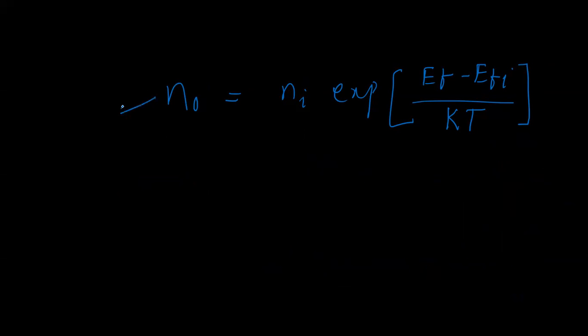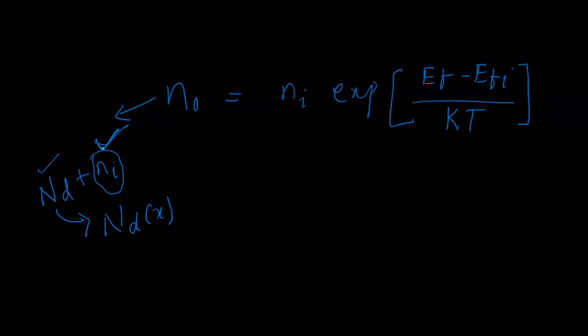Now this n0, if you are considering the doping concentration to be Nd with complete ionization, that means all the dopant atoms have contributed one donor electron, will be Nd plus ni, the intrinsic carrier concentration. But if we consider this ni to be very, very small as compared to Nd, and we said it is a graded impurity distribution, then Nd can be written as a function of x.